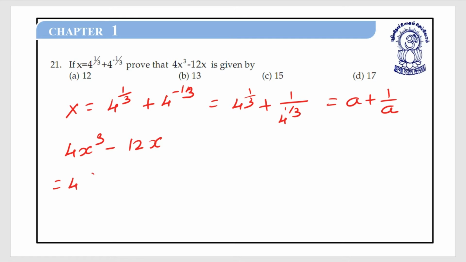So 4 common, x cube minus 3x. So here first you have to take the cube of x.